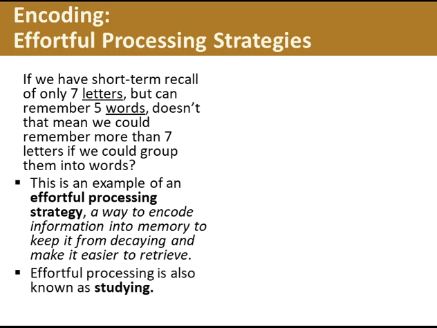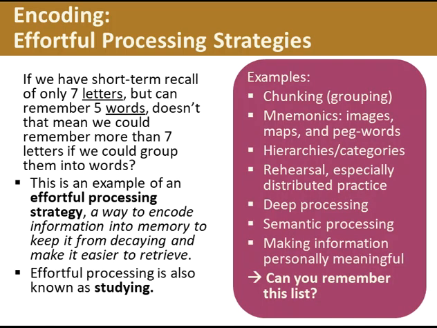So, we call this effortful processing studying. So here are some examples: chunking or grouping, mnemonics, images, maps, and peg words, hierarchies and categories, rehearsal, especially distributed practice, deep processing, semantic processing, and making information personally meaningful. Can you remember this list?